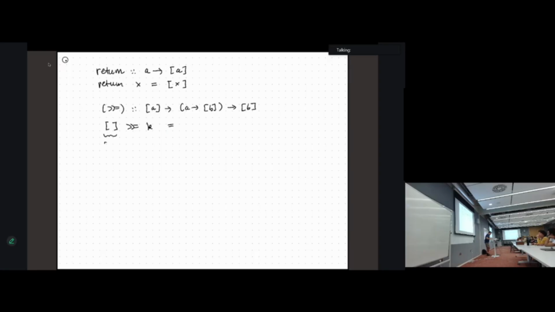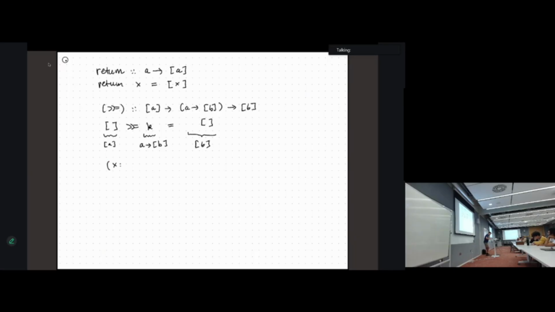This is our list of A's, and this is our function of type A to list of B's. And here we want a list of B's. Well, I haven't got any B's to play with at all. I haven't got any A's even, so all I can do is just the empty list, right? That's fairly easy.